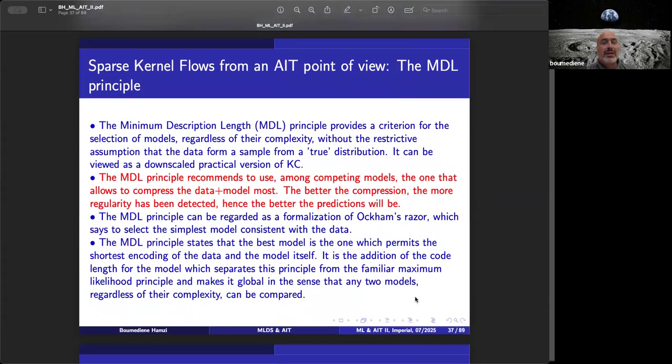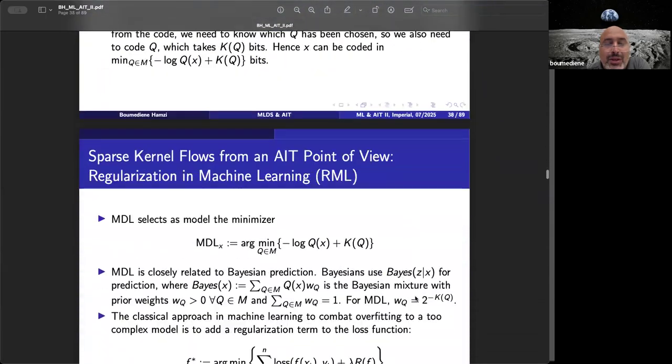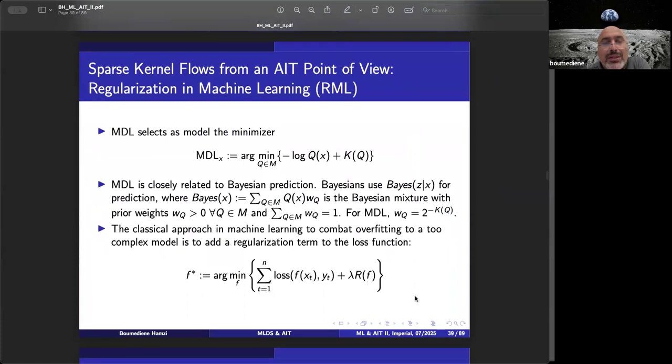And then from here, as I said, we wanted to reformulate this problem of learning kernels from data. We want to show that sparse kernel flows is consistent with AIT, and it's the natural way of learning kernels from data. So this is about the MDL principle. I think all of you know this. Here the idea is to compare the minimizers of regularization in machine learning versus regularization in AIT.